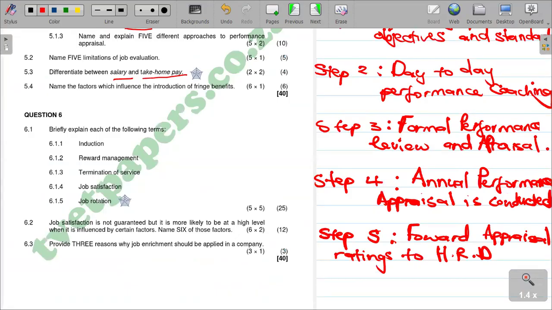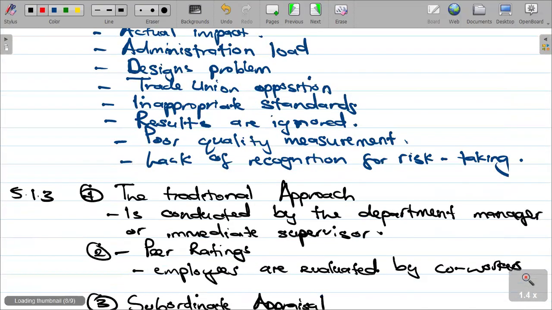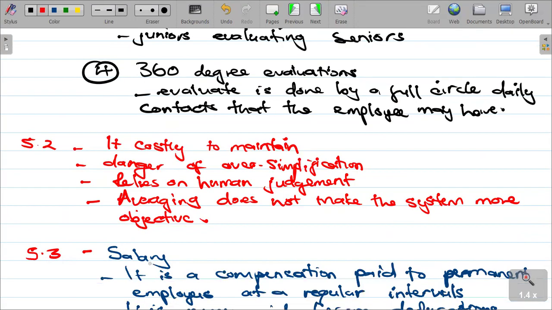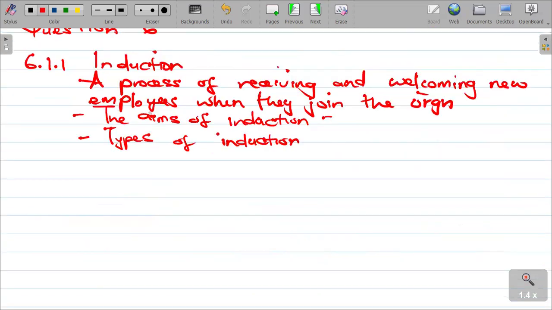So let's move on to 6.1.2, reward management. Reward management is a process of rewarding individuals for their levels of performance within an organization.